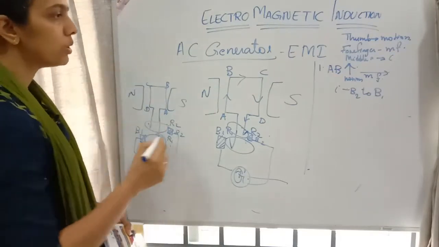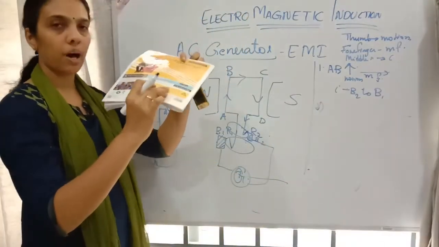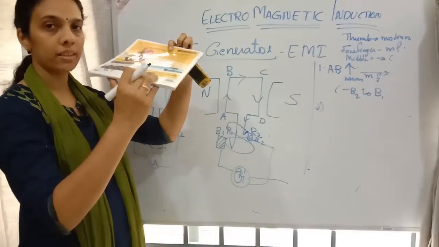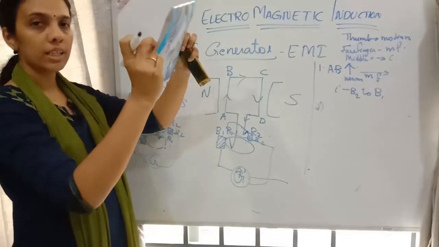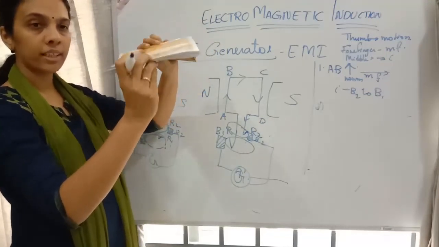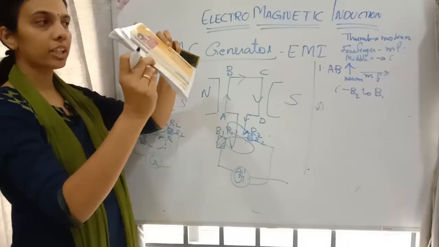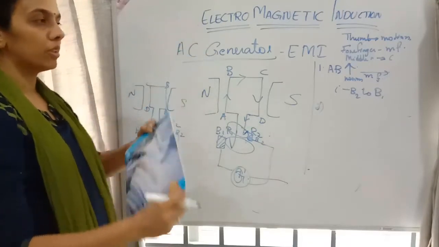Now you tell me, in the second case, what will happen? After half rotation, CD came this side. We started its motion like this. Now CD came this side, and when we continue rotating, in which direction is CD moving again? In the upward direction.